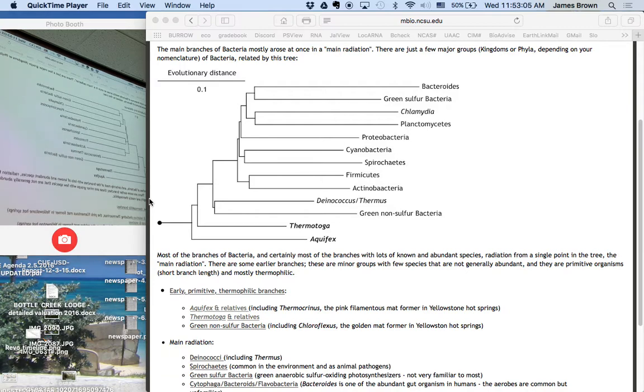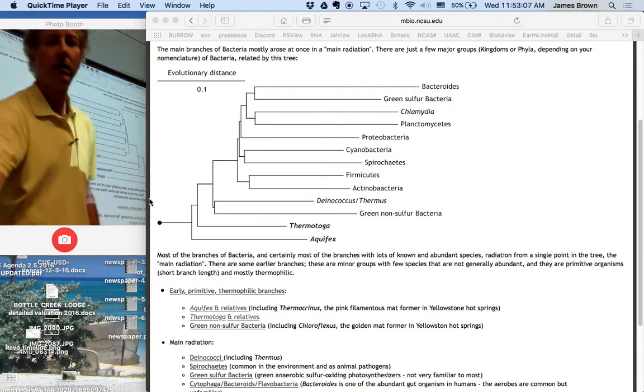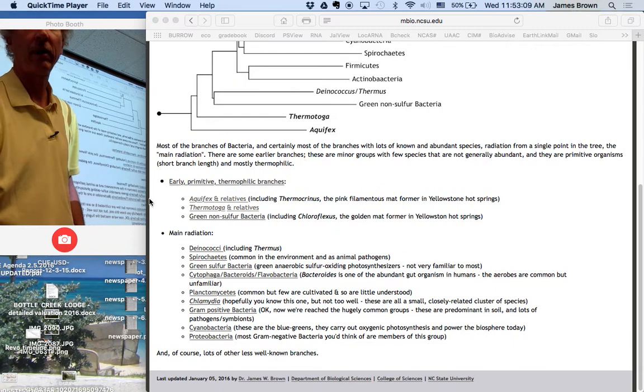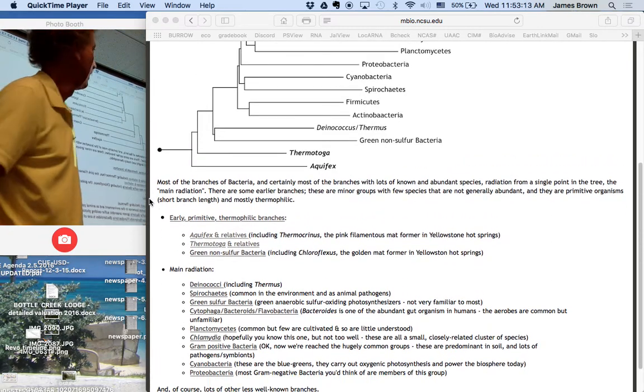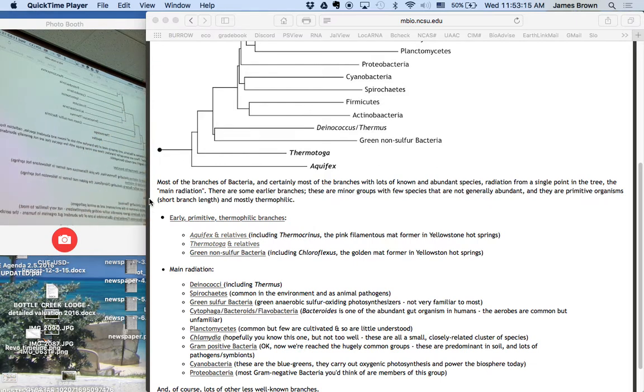There are also some less major, less deep branches. The Deinococci and Thermus, and spirochetes you've all heard of. You probably are familiar with the pathogens, right? But spirochetes are quite common in the environment as well.